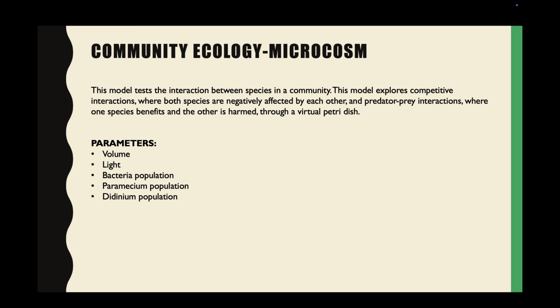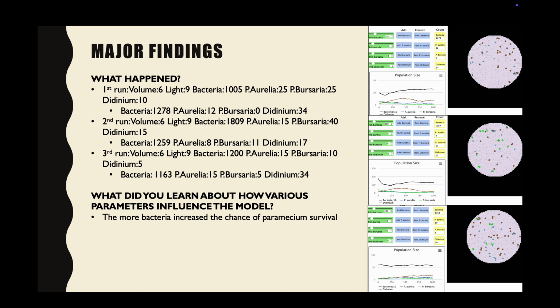For the third one, I chose the microcosm community ecology model. This model tests the interaction between species in a community and explores competitive interactions and predator-prey interactions. The parameters for this one were volume, light, bacteria population, paramecium population, and didinium population. For each one, the volume and light stayed the same.